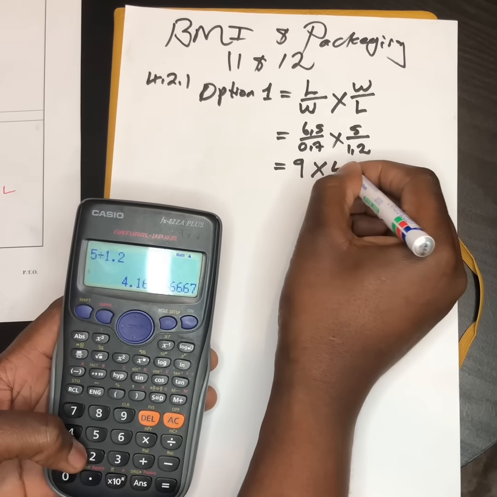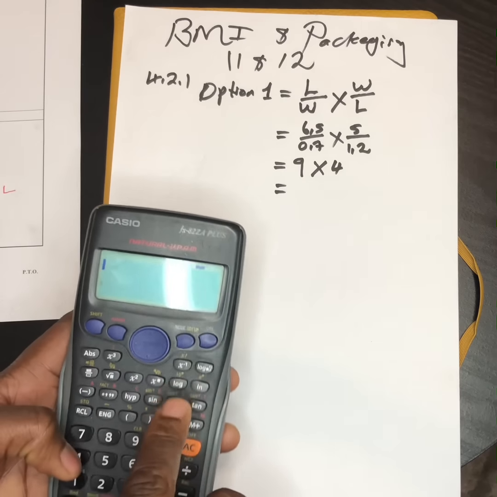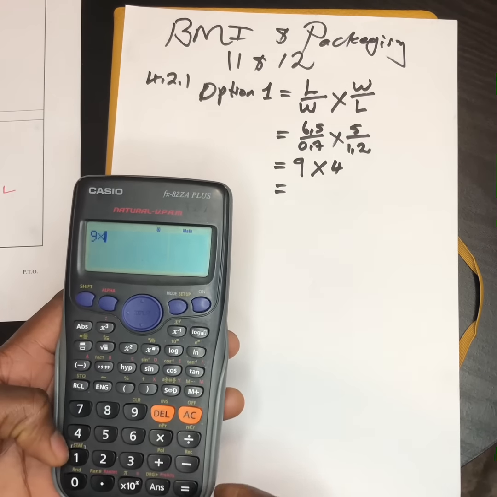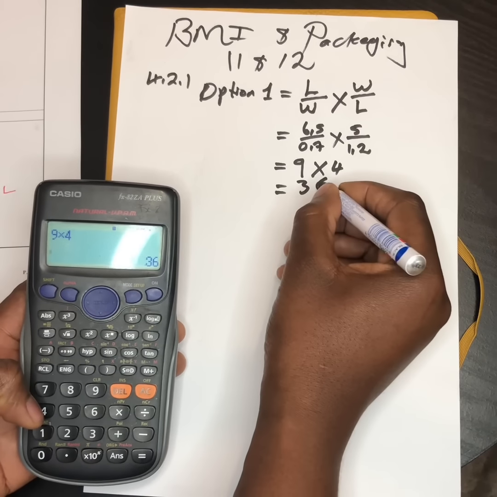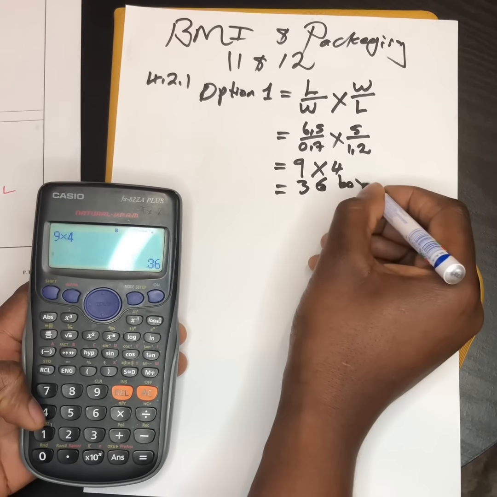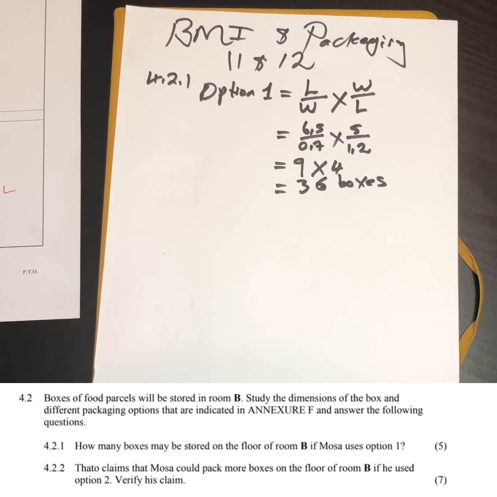Always round down. So if you use option number 1, he will be able to package this number of boxes, 36 boxes. If you opt for option number 1. Moving to the next question.